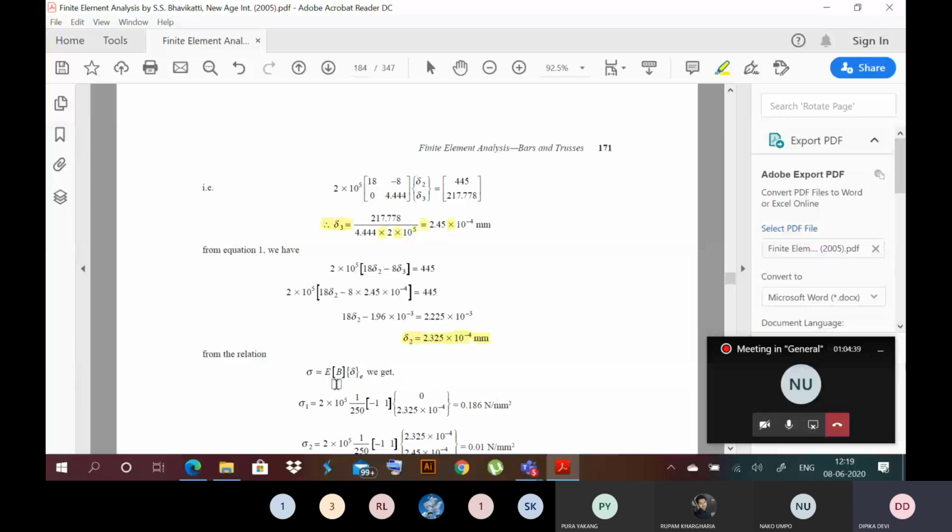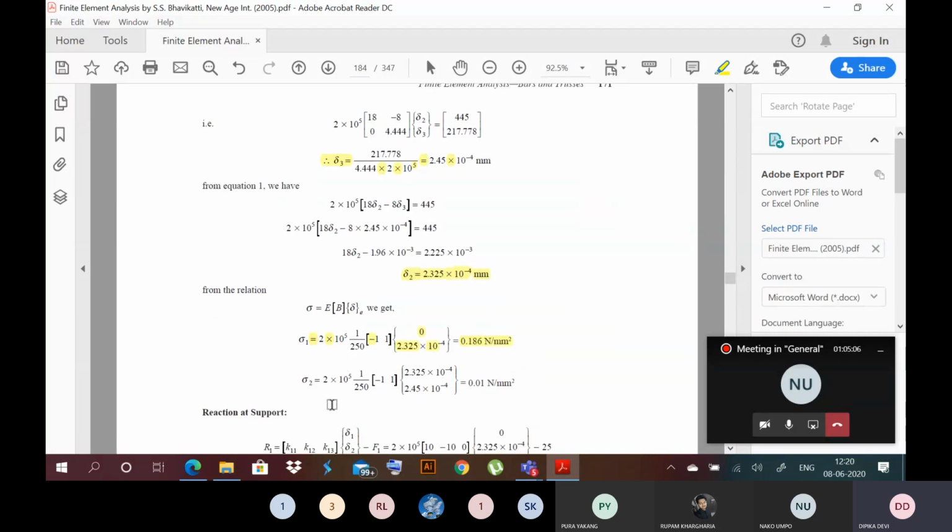So for element 1, sigma 1 will be equal to E into B into delta of element 1. Delta of element 1 means the nodal displacement vector of element 1, that will be delta 1 and delta 2. That will give you this value, and this is constant in element 1.